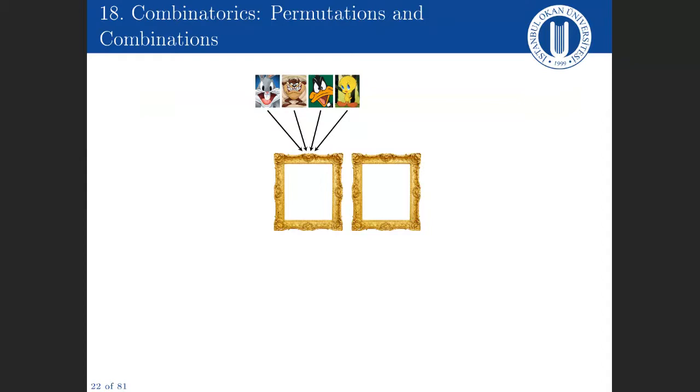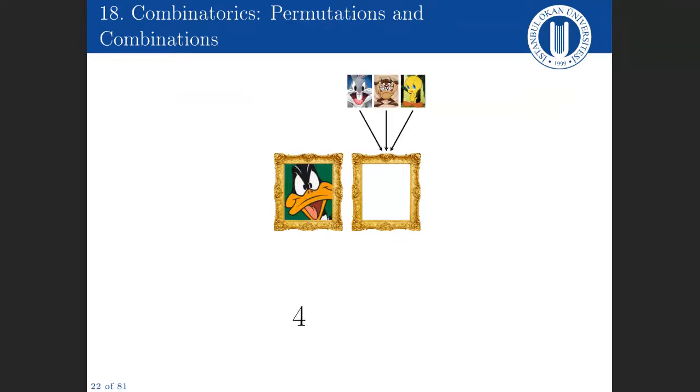How could we calculate this? Just use the same idea as before. For the first picture, we have 4 choices. After we've chosen one to put in the left picture, we have 3 pictures remaining. So we have 3 choices for the second picture.